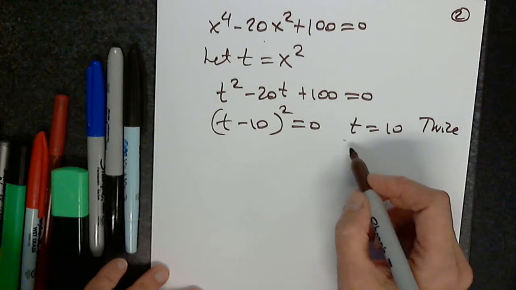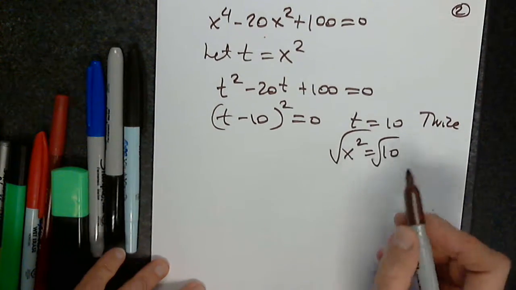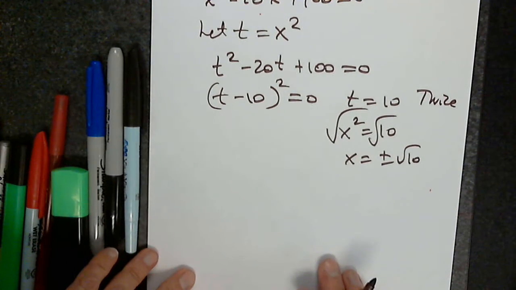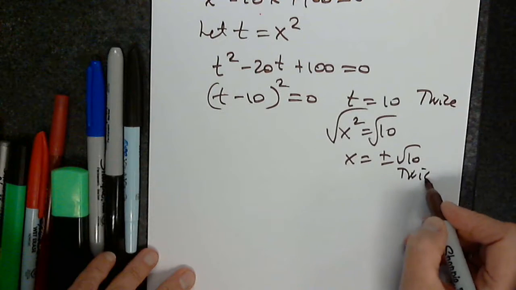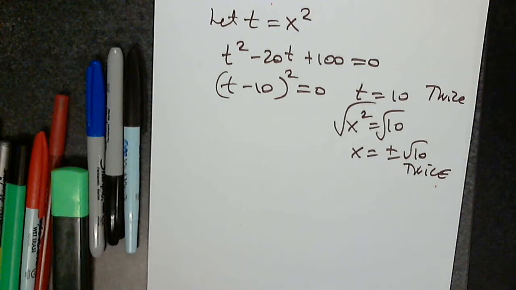So then I replace t by x squared. So x squared equals 10. I take the square root and I get x equals plus or minus the square root of 10 twice. So I have 2 solutions that are positive square root of 10, 2 solutions that are negative square root of 10. Is this okay?